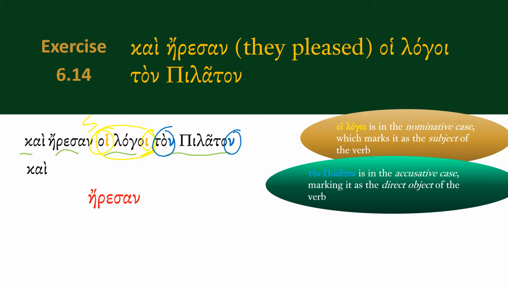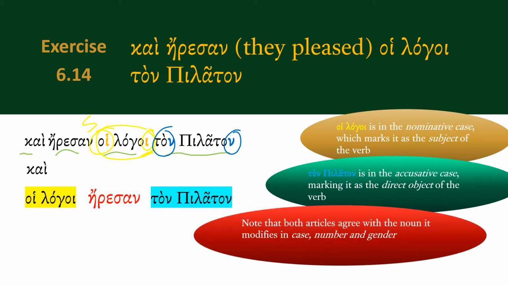And then we have our main verb, eresan, the subject of the main verb, hilogi, which will then appear before the main verb, and the direct object, ton pilaton. Just something to bring under your attention is that both articles agree with the noun they modify in case, number, and gender, and that will always be the case.